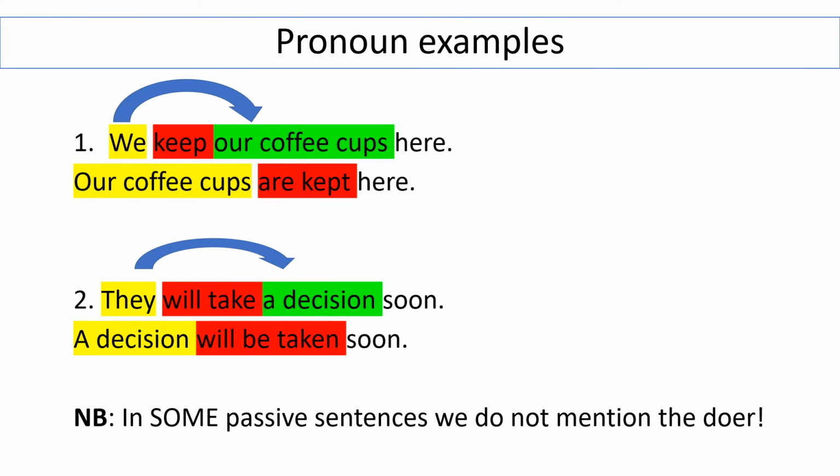The passive sentence will now read, a decision will be taken. Step 5, do we need to add by? Also note that we will not complete the sentence by saying a decision will be made by them soon. In passive sentences, we do not mention the doer as it often sounds clumsy. So the new sentence will read, a decision will be taken soon.